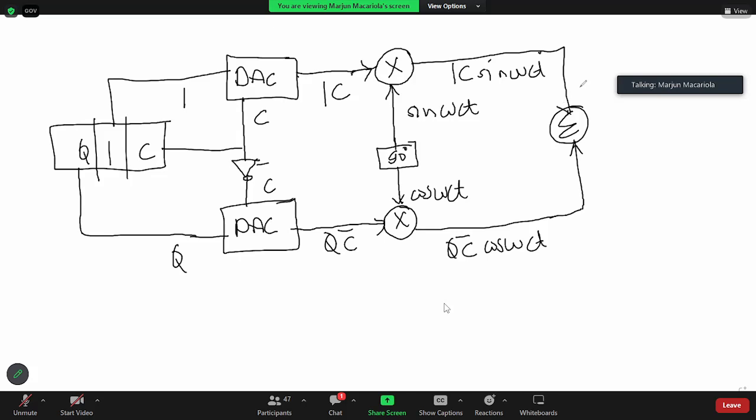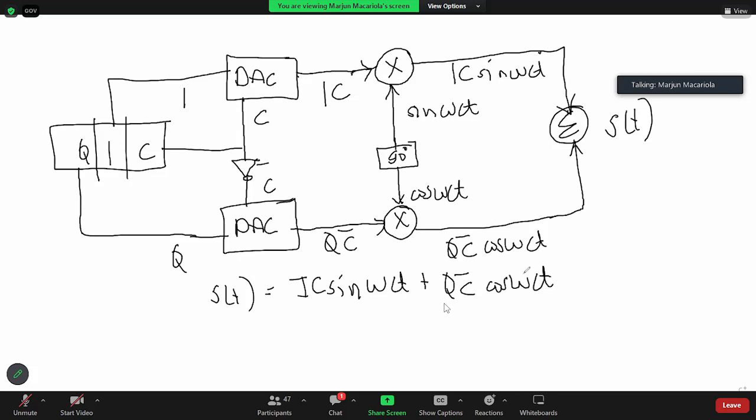Okay? So again, what the linear summer does is that it adds the output signals. So pwede natin siyang sabihin PSK output or S of T na lang or the signal output. So magiging signal output po ay S of T is equal to IC sin omega CT plus QC not cosine omega CT.